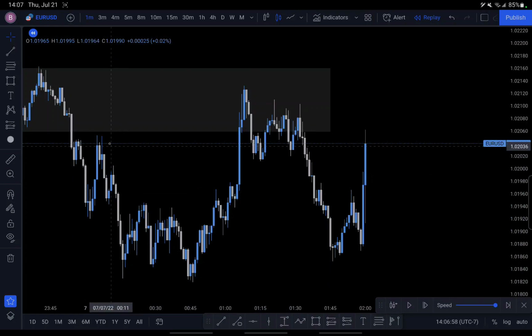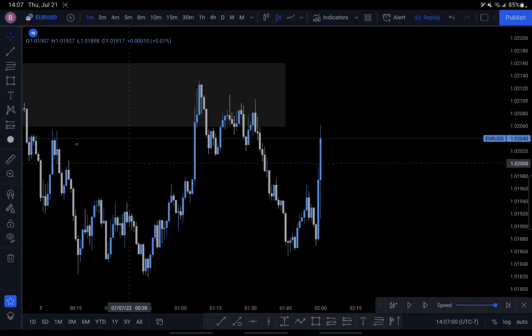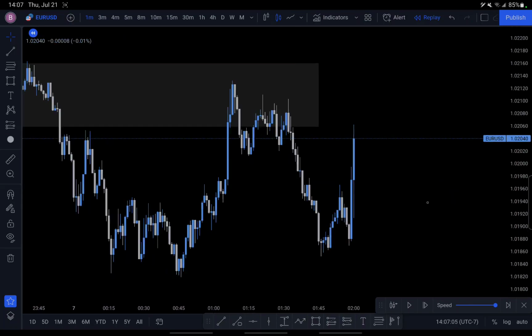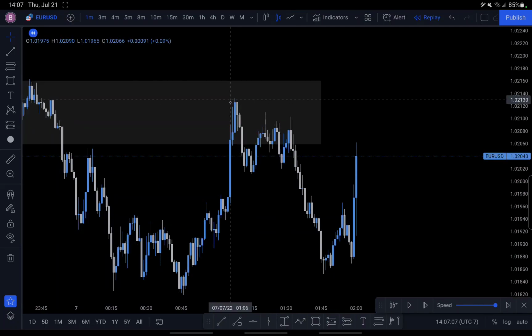I won't use any of this for our distribution here. This can be part of an accumulation. So here we have our buyer's climax, automatic rally, secondary test, ST, ST for the breakdown, and then it comes back up to test the zone in here.